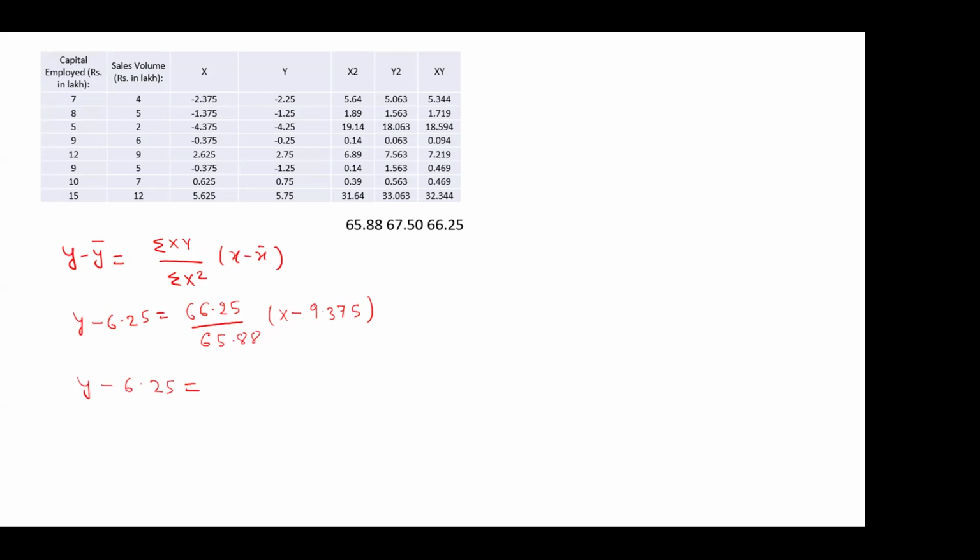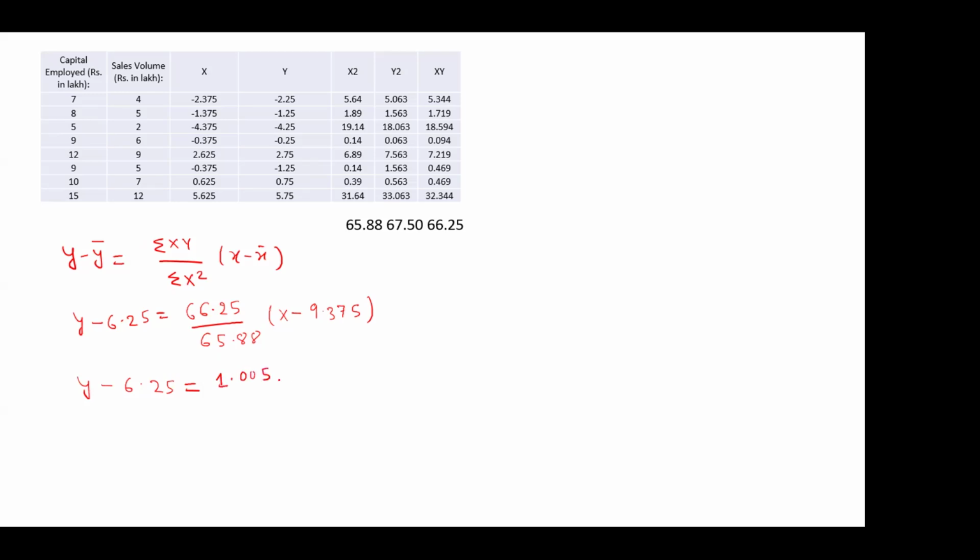So let me put it in the calculator. It is going to be 66.25 divided by 65.88. It is coming 1.005, very close to 1, as I told you.